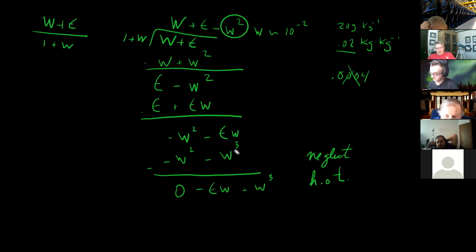Oh, you know what? Watch this very carefully, because I carried on a mistake. I had epsilon minus W. How many times does 1 plus W go into epsilon plus epsilon W? Epsilon times. Then I'm left with minus epsilon W plus W to the third.